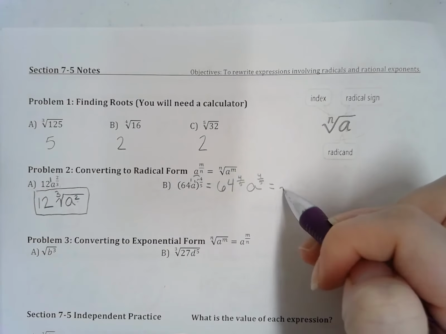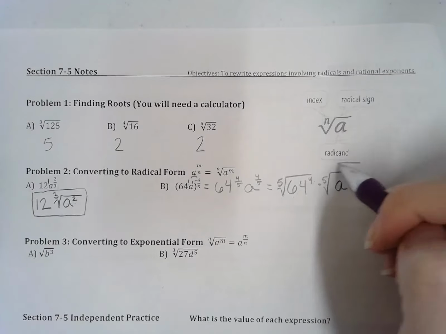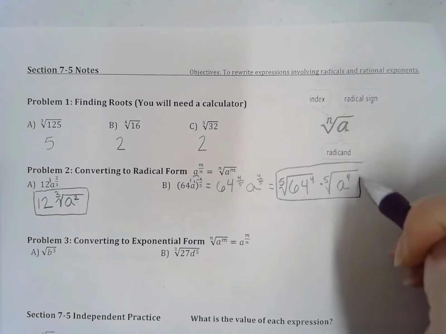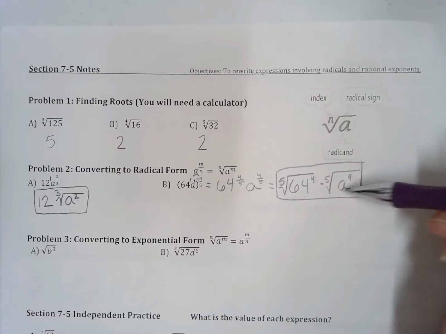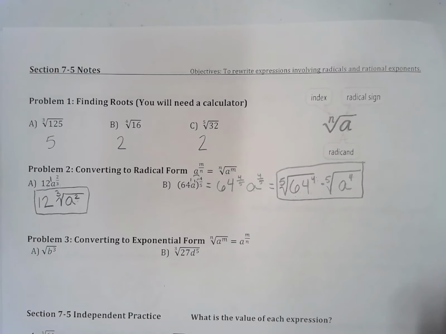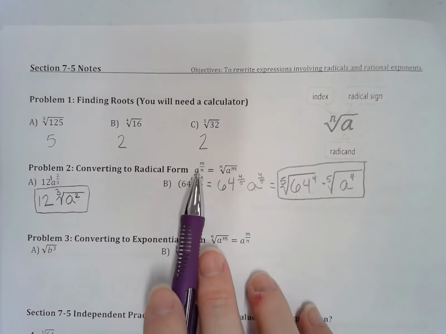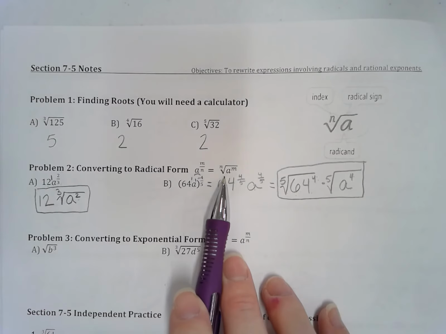Again, the 4 from the top goes on the inside, the 5 from the bottom goes on the outside. So the fifth root of a to the fourth. That is your answer. So the fifth root of 64 to the fourth times the fifth root of a to the fourth. So we've converted from a fraction with an exponent to a radical.